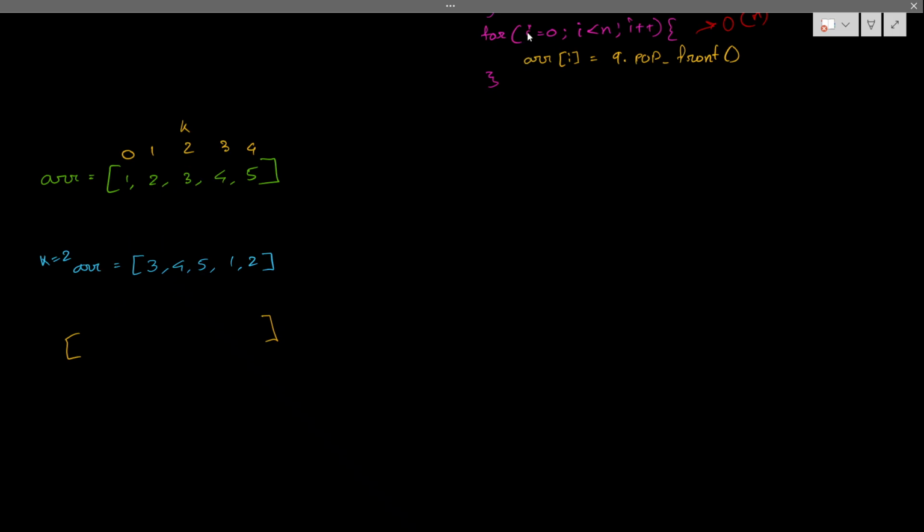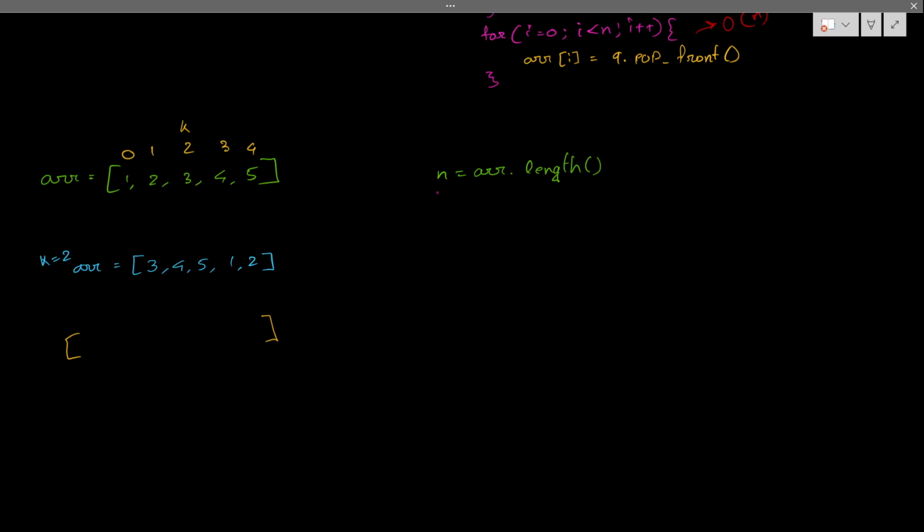So I can write a loop with n equal to the length of arr. As I said, I can start at k, the second position, and go to the end of the list.